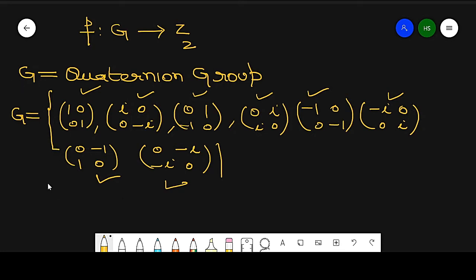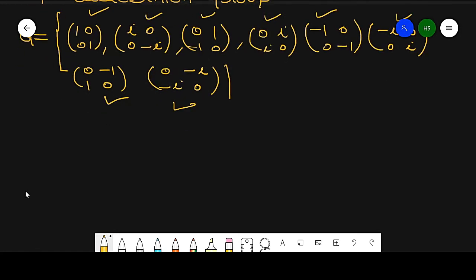Now this group can be written in this way. E is the identity. So this can be written as plus or minus E, that is, plus or minus identity, plus or minus A, plus or minus B, and plus or minus AB.